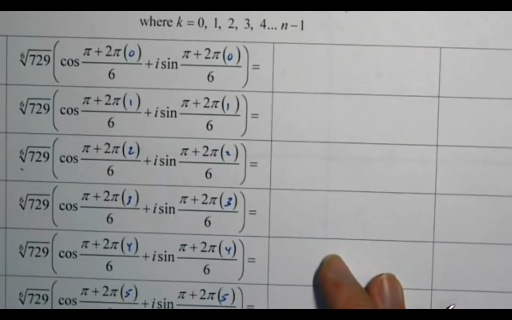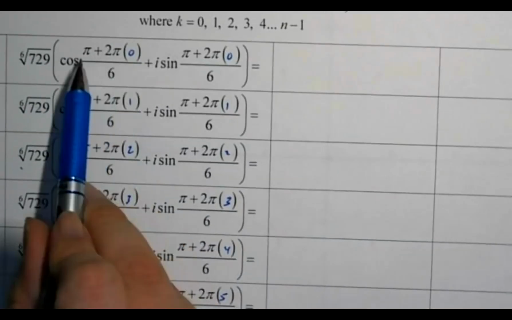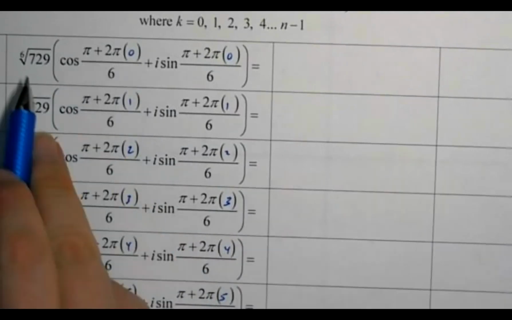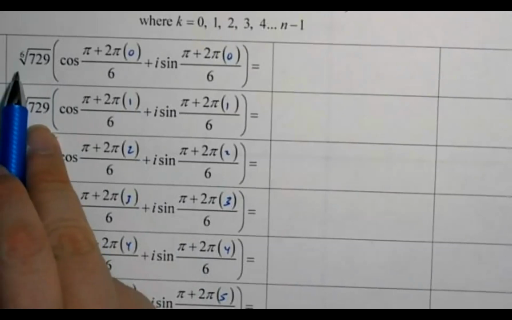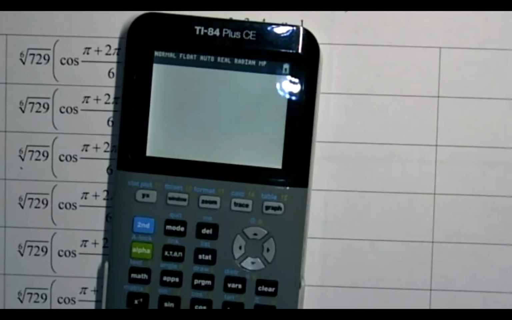Okay, next step is we're going to move over to another column here and we're going to simplify these. So 2 pi times 0 is 0, which leaves us with pi plus 0 over 6, or just pi over 6. The sixth root of 729 is 3. If I work that out on the calculator, 729 raised to the 1/6 power, that's sixth root, is 3.